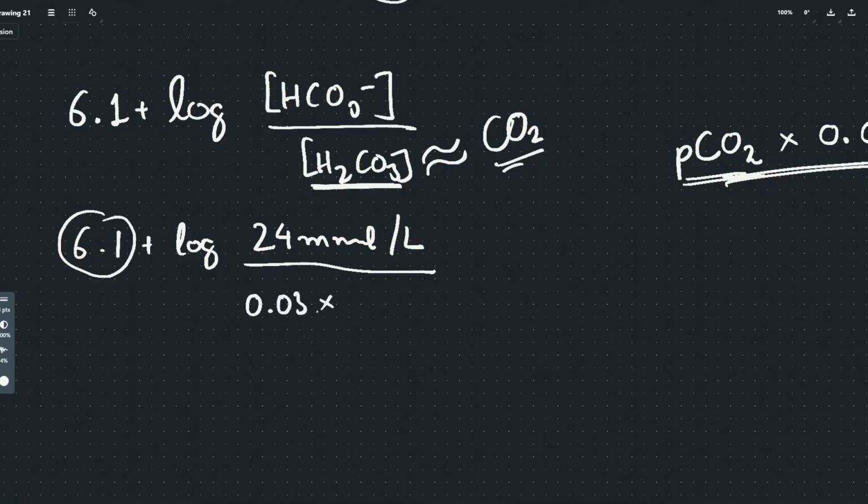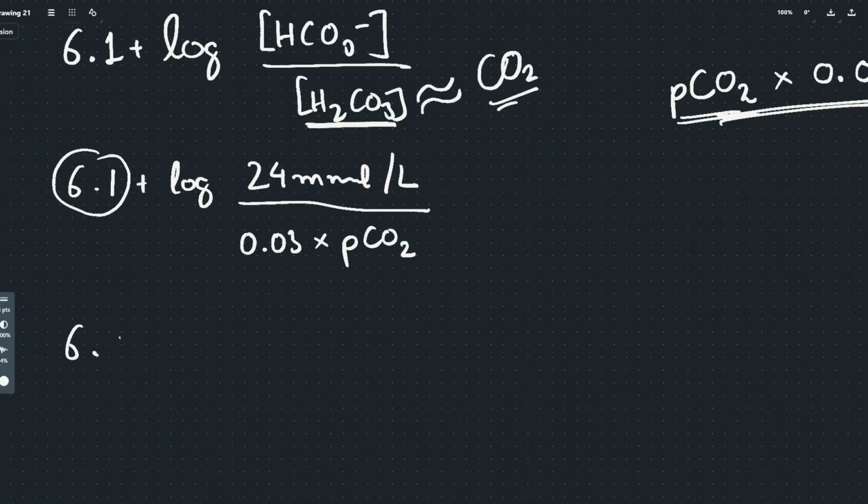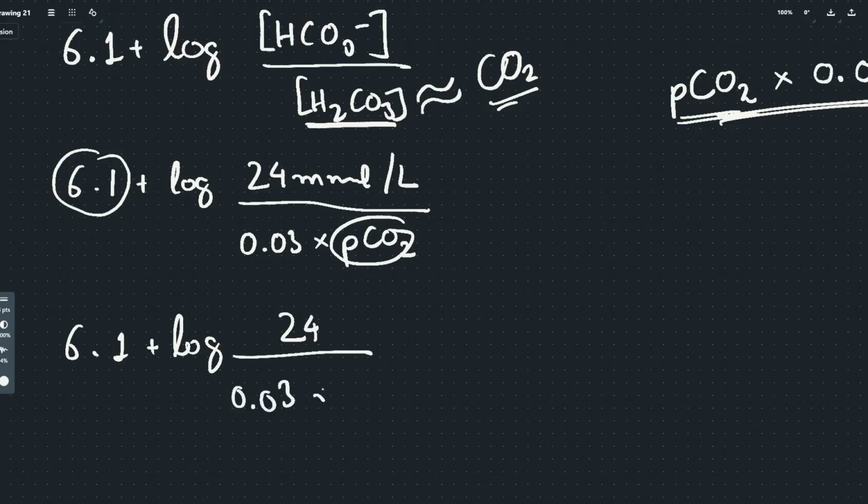So 0.03 is the solubility coefficient. We can replace the H2CO3 with 0.03 times PCO2. So now we actually know this value. PCO2 is normally 40 mmHg, so 0.03 into 40 mmHg.